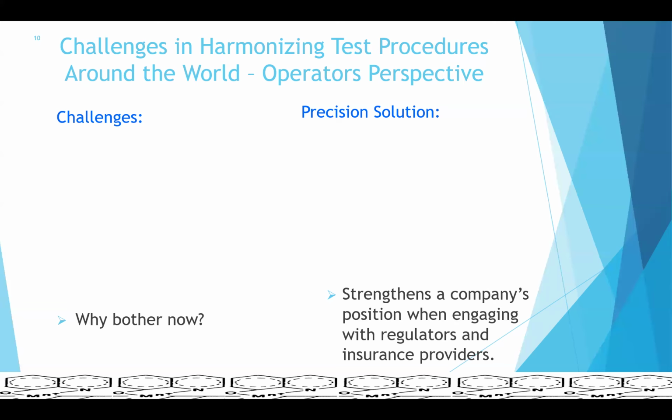If you do the standardized training, a 3 day theoretical class, then your insurance price will go down by 50%. So this is one of the major drivers in precision solution. If the insurance providers start suggesting precision, that will be a good driver for the precision, and precision solution will help to reduce the cost.